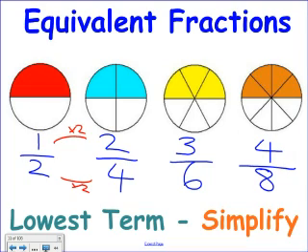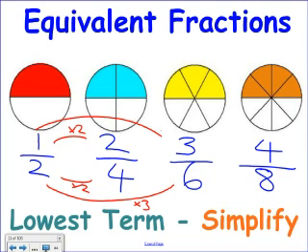It's what we call equivalent. Yeah? Does that make sense? So let's look at the next one along then. I've got a half. What have I done to get 3/6? I've times it by 3 at the bottom. So what do I have to do at the top to keep it the same? 3. Fantastic. If you can grasp this concept of equivalent fractions, fractions will never be a problem for you again. Okay?